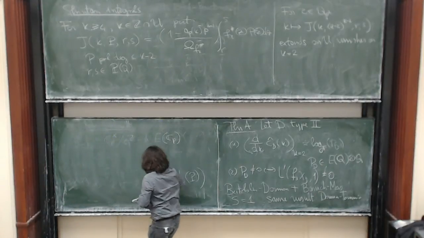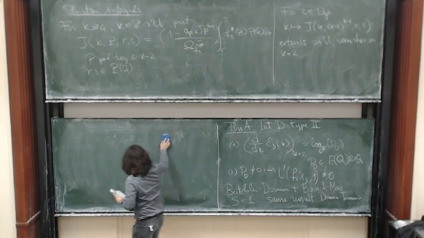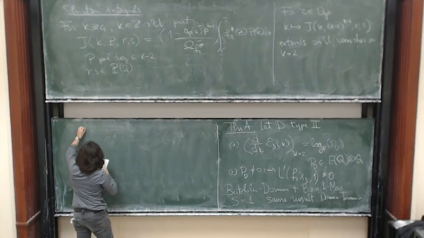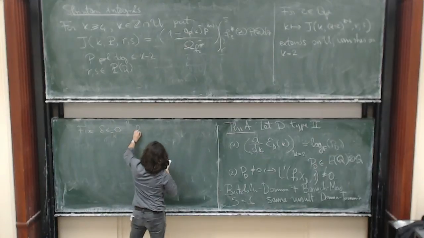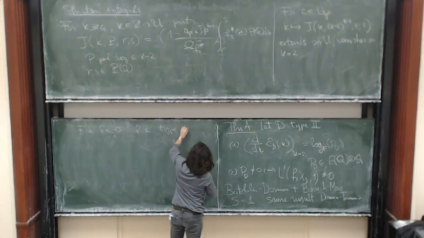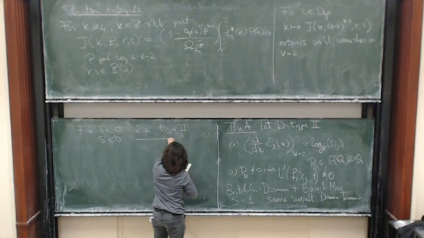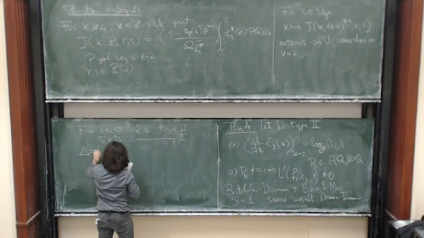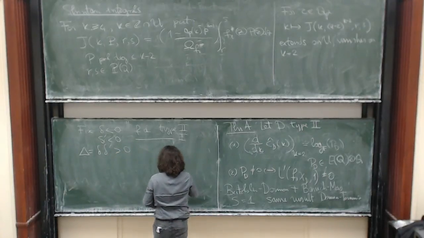Okay, so I will just fix the notations. Now we fix Delta less than 0, a fundamental discriminant of a real quadratic field of type 2, and Delta prime, a fundamental discriminant of type 1, and we take Delta to be the product of the two, which will be a positive integer.